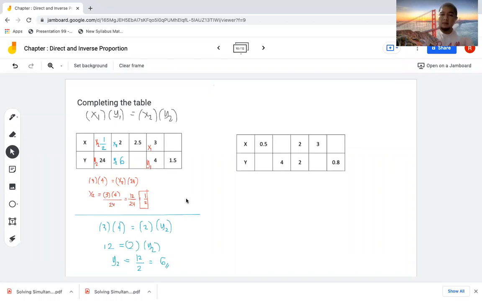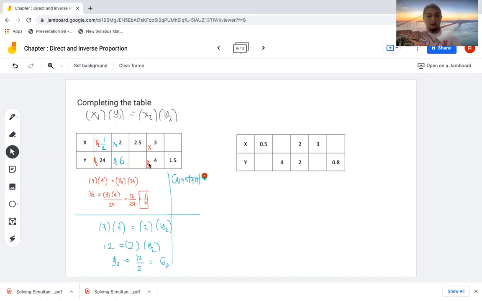Okay, so if you want to go fast track with this one, if you are fully equipped with the idea that the product will still be the same, all you need to do is to multiply 3 and 4, or you can just have it as a constant. Let's say, for example, the constant is 12 in here.